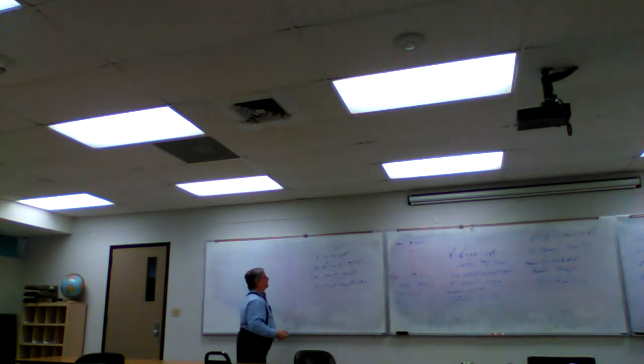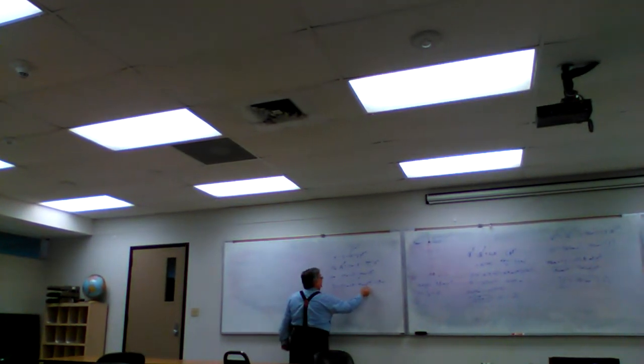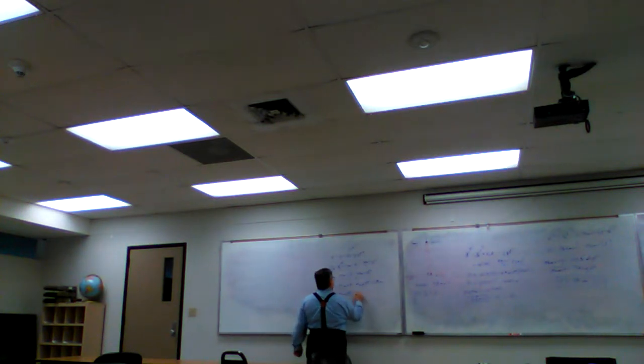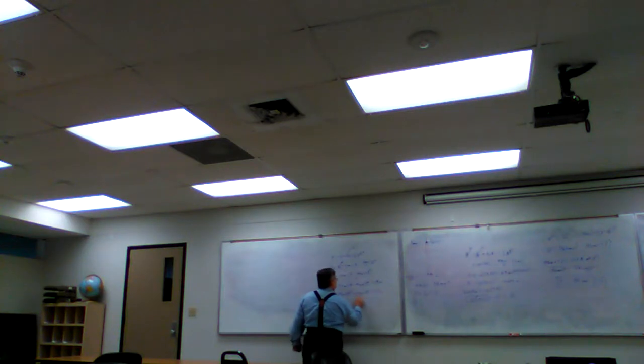The only thing we need to do to put it in the standard format is move the squared term up front. And now, A is equal to minus 4.9, B is plus 24, and C is minus 13.